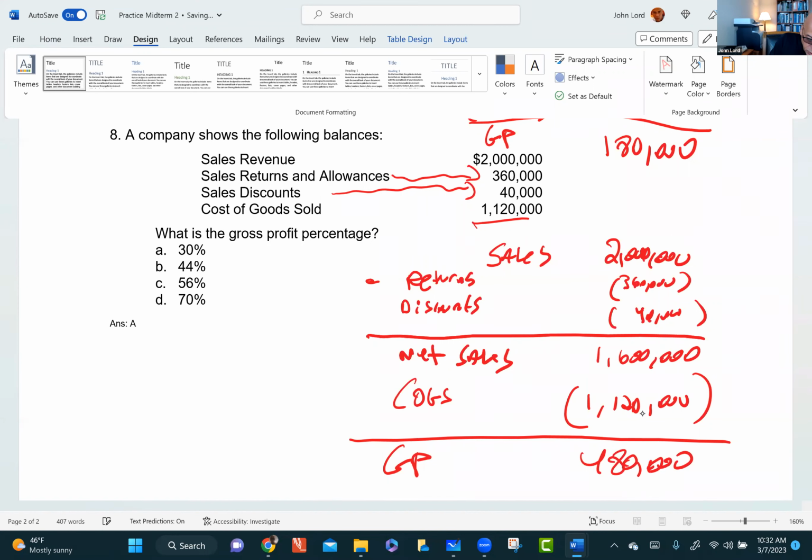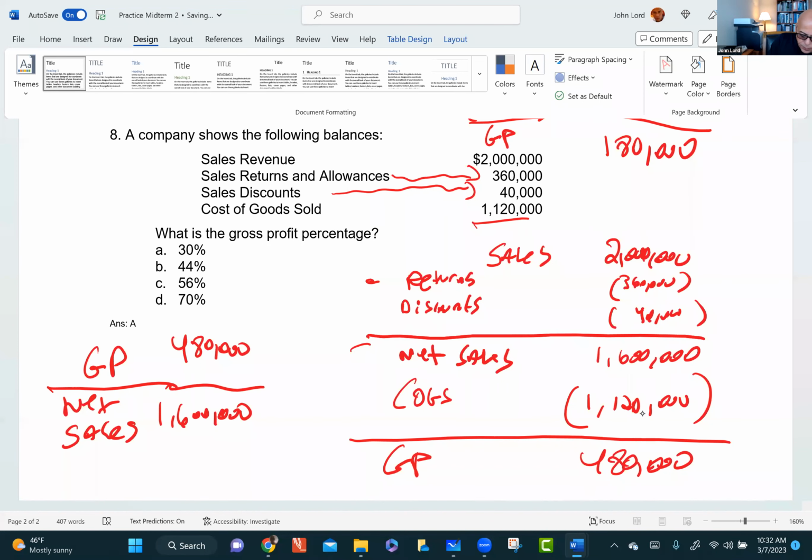To calculate the gross profit percentage, I have to take my gross profit and divide that by my net sales. So my gross profit here is 480. My net sales here was 1,600,000, right? 480 divided by 1,600,000 gives me 30%.